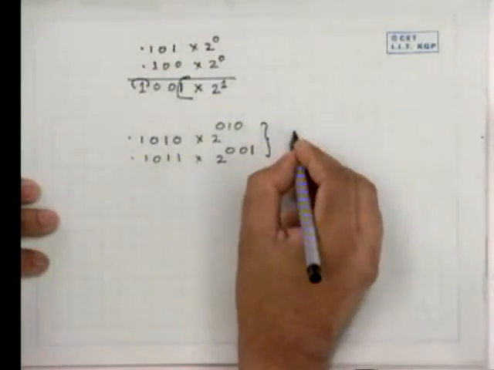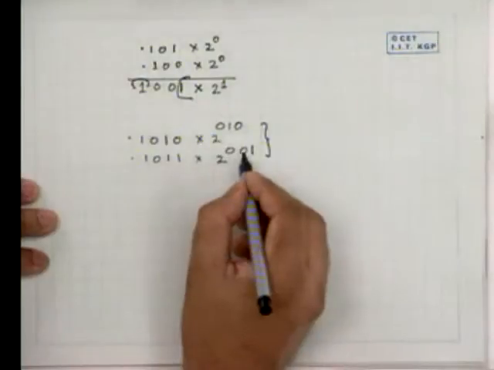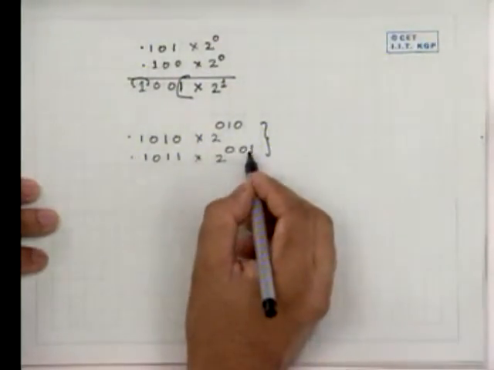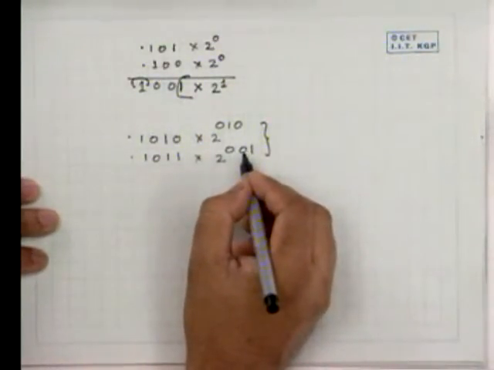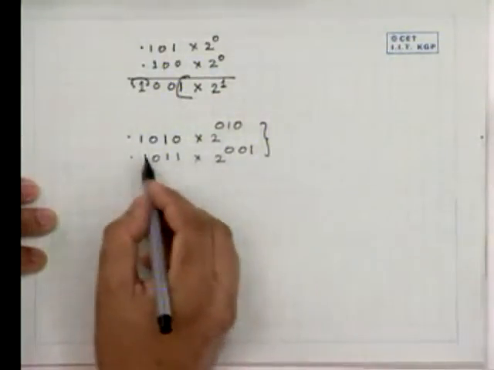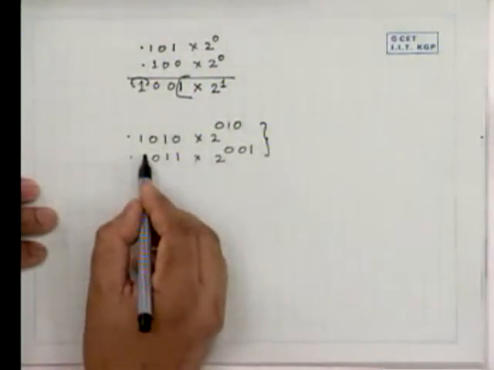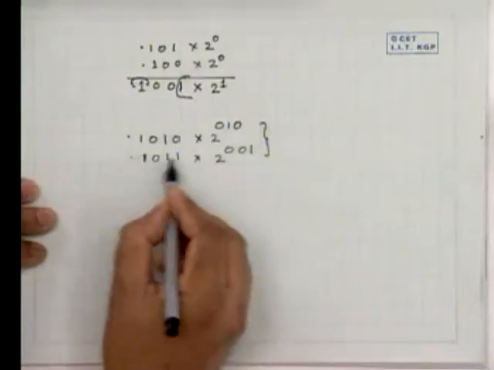We'll have to first align the mantissa, by either increasing or decreasing the exponent. Here, naturally, the lower exponent has to be changed, and the mantissa of the lower number has to be accordingly aligned.